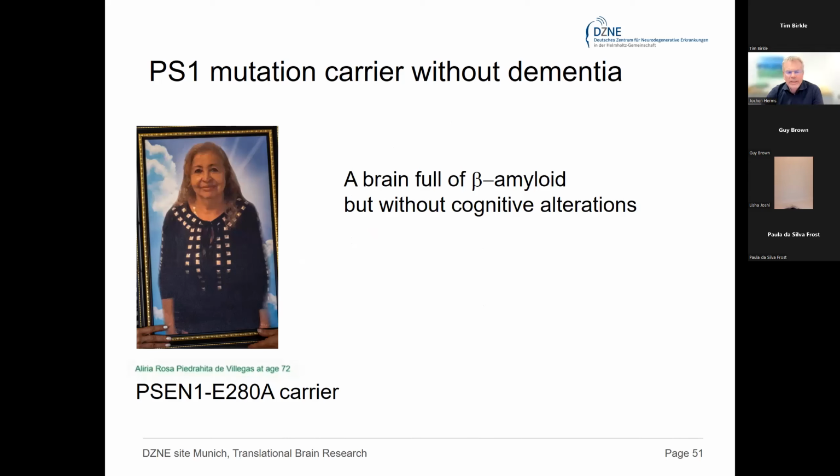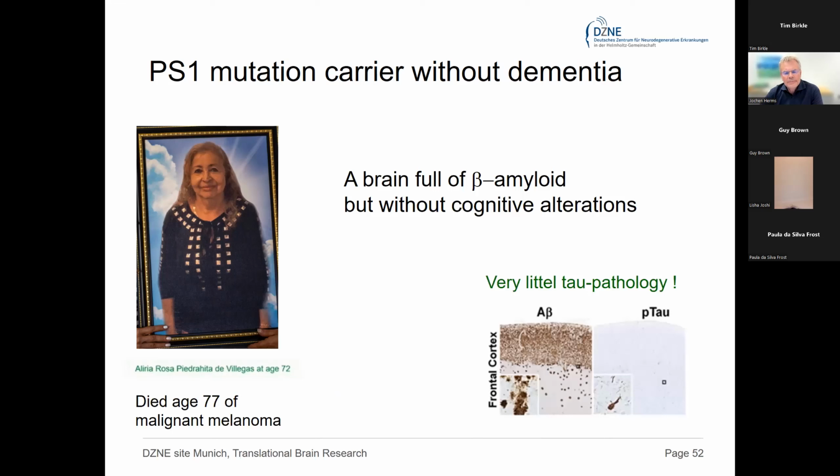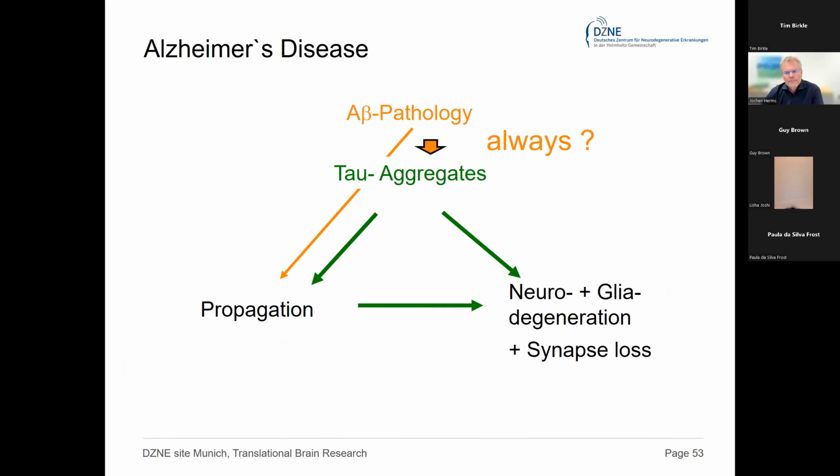And the PET imaging showed the brain is full of amyloid, but the patient didn't have dementia. A few years later, she died of malignant melanoma. And the neuropathology reveals that there's actually very little tau pathology. So A-beta does not always induce tau pathology. And the cause of that, I will show you later, why this woman did not develop severe tau pathology.